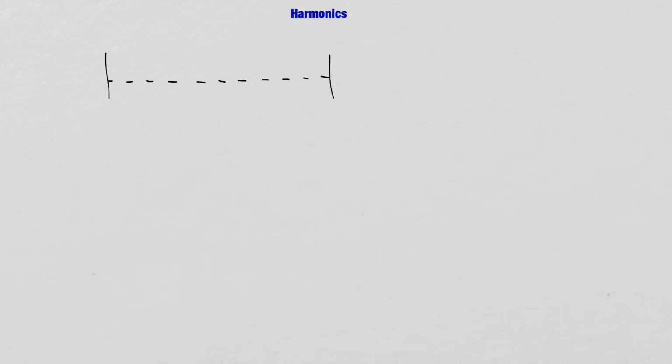So here is my string that's fixed on both ends. Both ends have nodes, and the length of the string is L. My derivations will relate the wavelengths of the waves generated on this string with the physical length of the string. And then after that, I will be able to derive an expression for the frequencies as well.